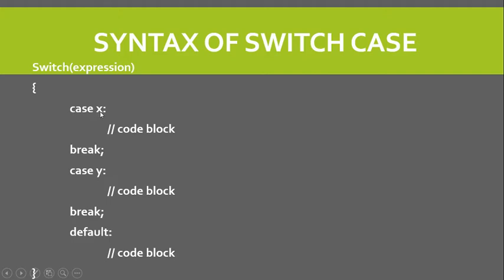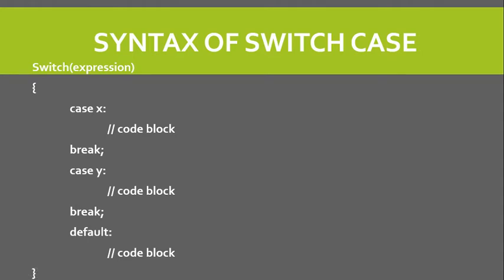Case X, for example: in case X, the particular code you have to execute, write here. Then break, a keyword used to break the statement. Then case Y, again a code block, meaning the statements you have to run, write here.